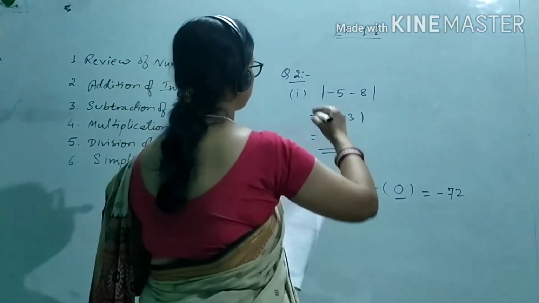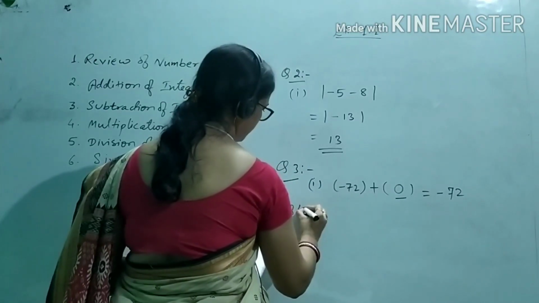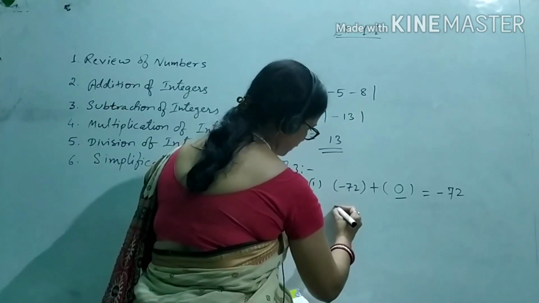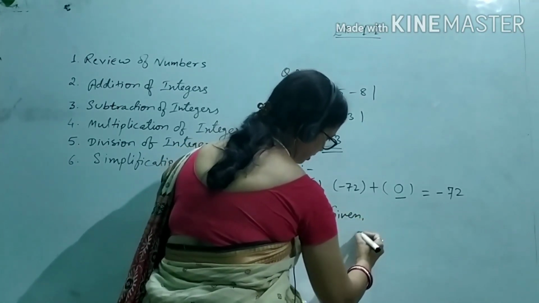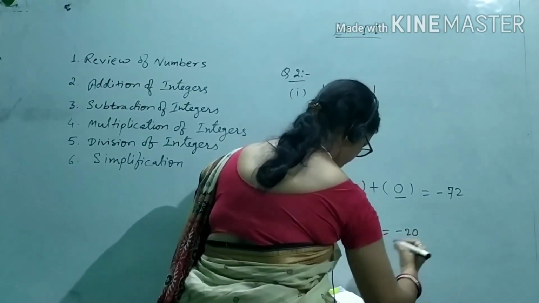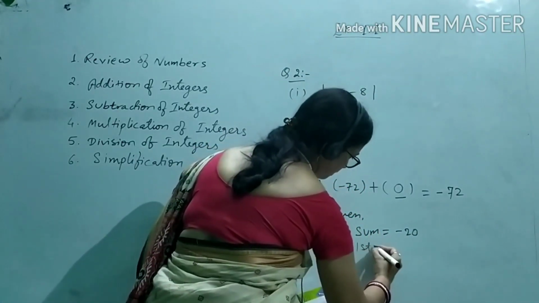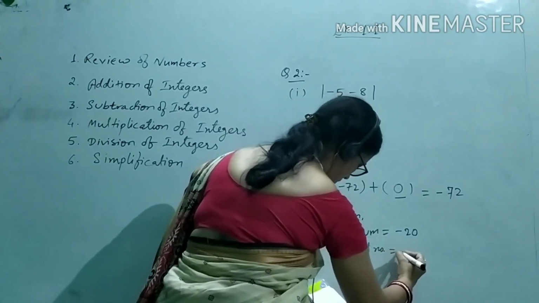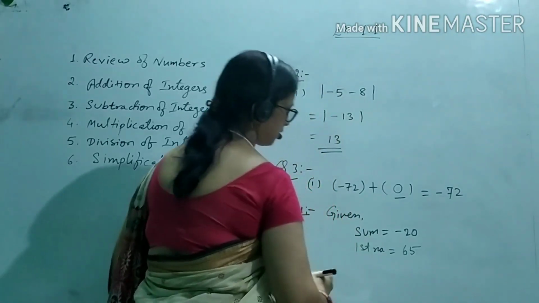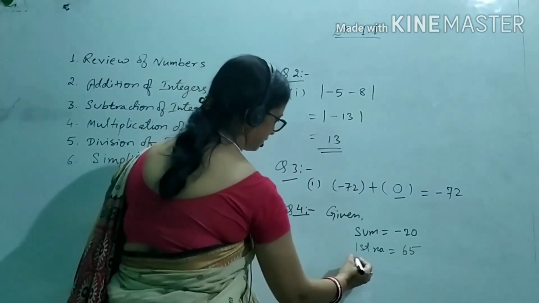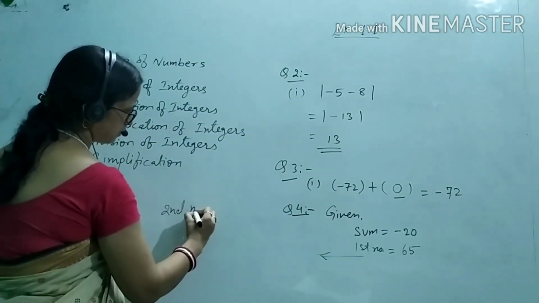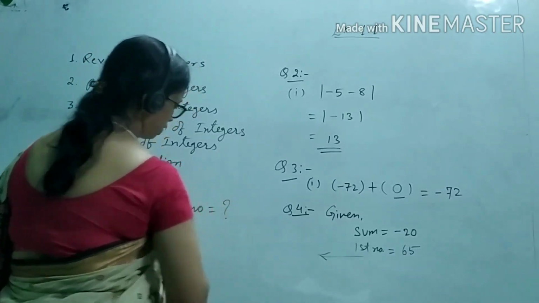First of all, question number 4. Now you see. The sum of two integers is given. Sum is how much? Minus 20. First number is 65, and the second number is not known to you.